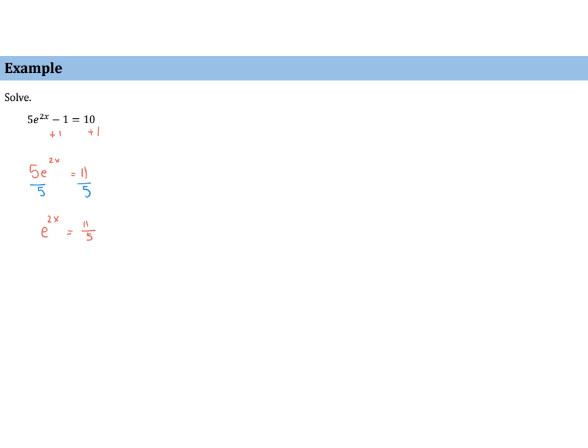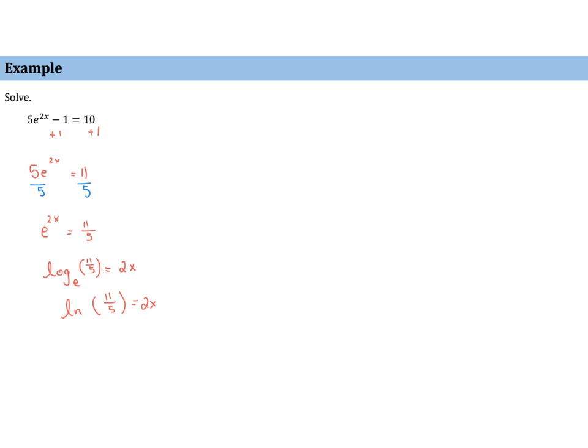Now let's convert this to a logarithm. The logarithm will be base e, and it will separate the base and the exponent. And so we have log base e of 11/5 equals 2x. Now, we don't write log base e. We write natural log. So we have natural log of 11/5 equals 2x.